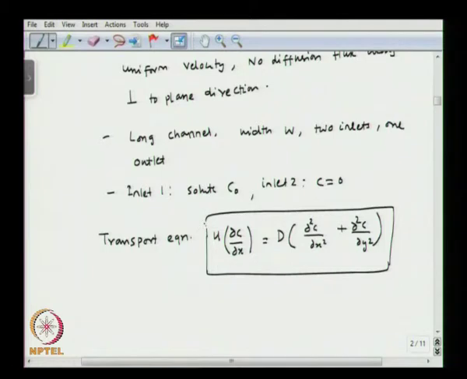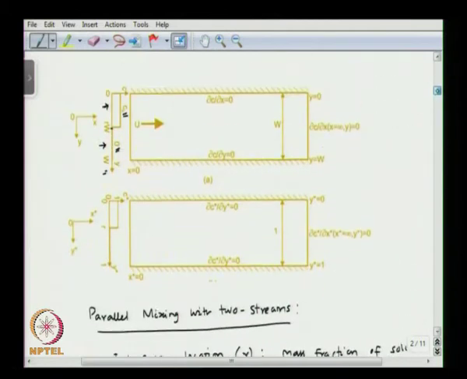Now, we try to solve this equation for this geometry. Okay. So, here we have two different fluids coming in with different boundary conditions, we try to solve this equation. Okay.